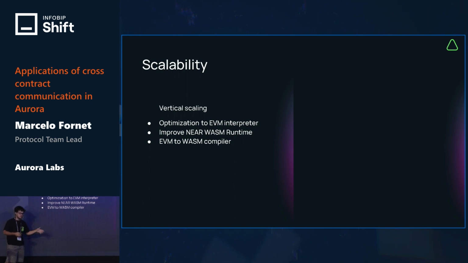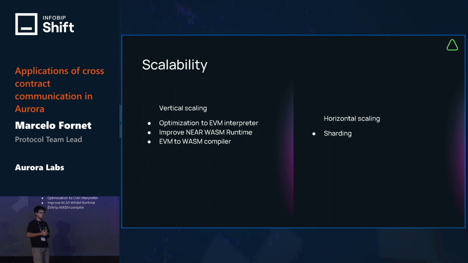It was presented one week ago at NearCon, which is a compiler, you could say a transpiler, from EVM to WASM. Whatever code you generate in EVM, we will compile it to WASM. The resulting bytecode will be more efficient and could be executed natively on Near protocol. But there are very hard limits on how far we can get using this type of scalability.